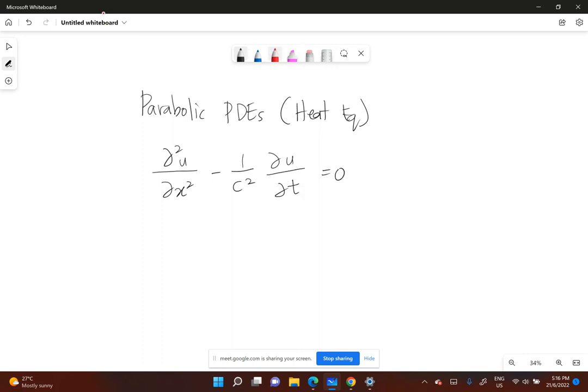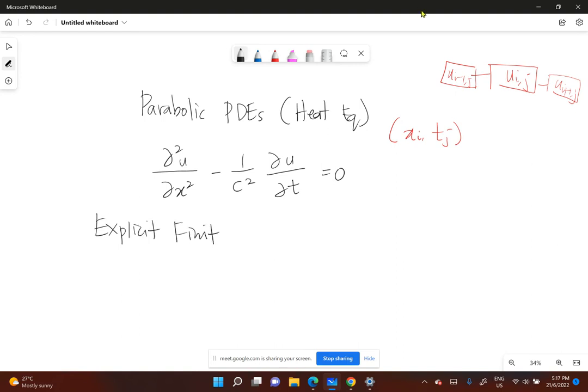So, we will solve the PDE at point xi, tj. Inilah yang tadi, yang uij ni. Yang ingat ada kiri, ada kanannya. This is ui minus 1 j. This is ui plus 1 j. Okay. So, for the PDE, we start with the first method, explicit finite difference methods.